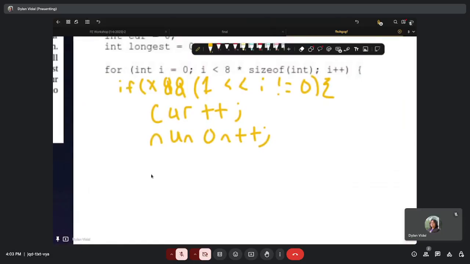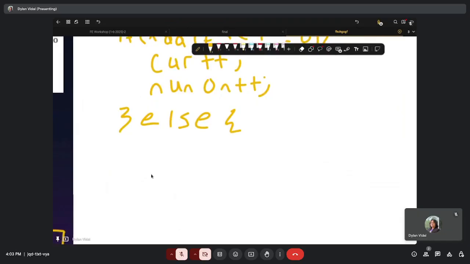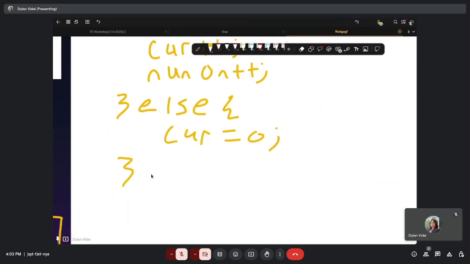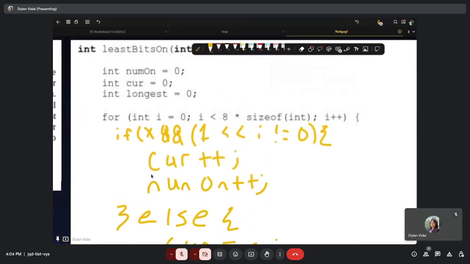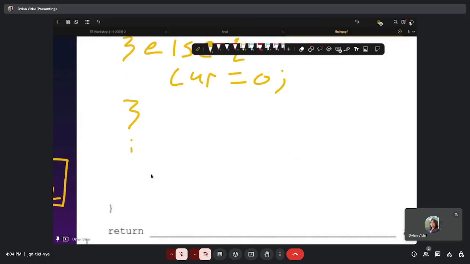And if it's not on, what do we want to do? We want to set our current longest back to 0. Right? So this is our current. And then before we iterate, we're going to check if our longest is greater than current, then we're just going to make longest equal to current.